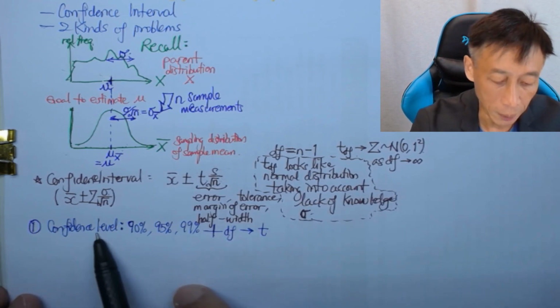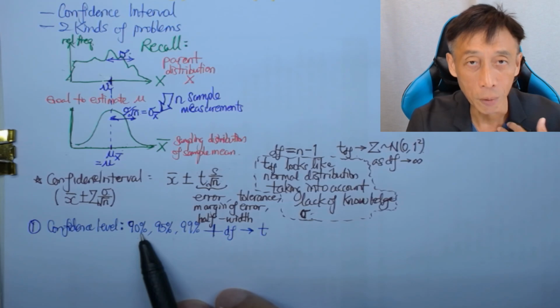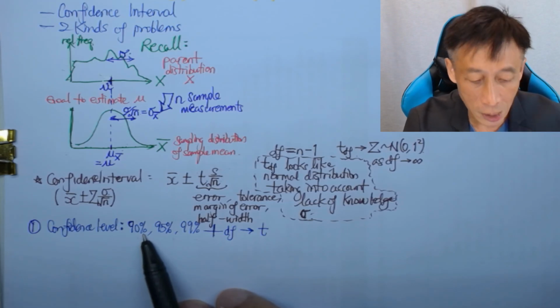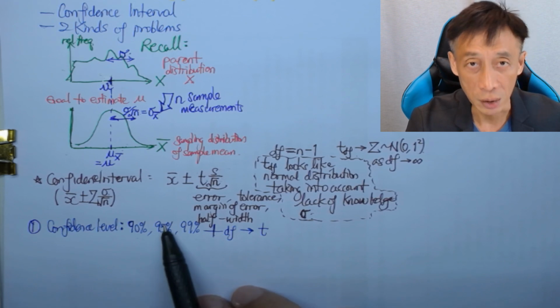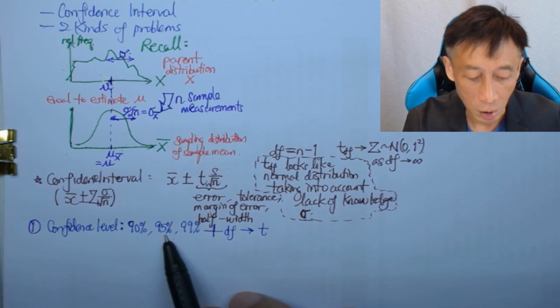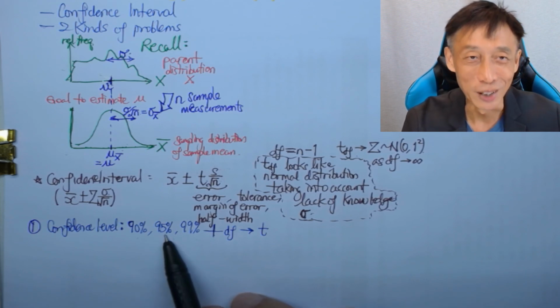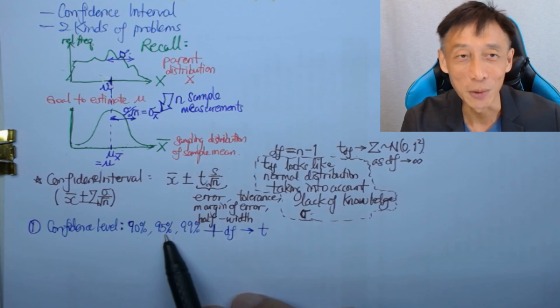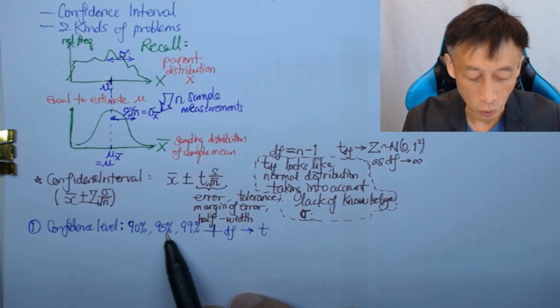Just to have a line to say that this is the input. I want to create or calculate or construct a 95% confidence interval. So we pick. Now, if you are the person constructing the confidence interval, you pick. If you are the student reacting to a quiz question, exercise question, then it has to be given to you. It's an input to you, right?